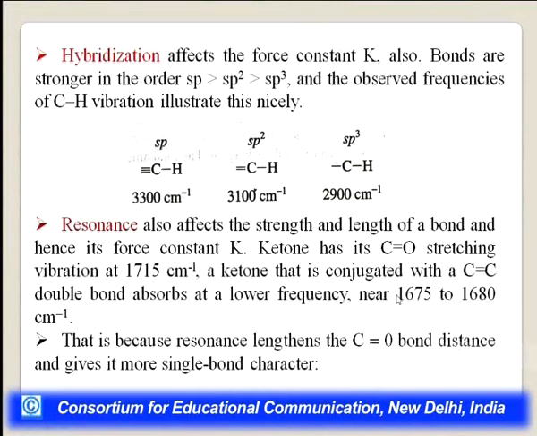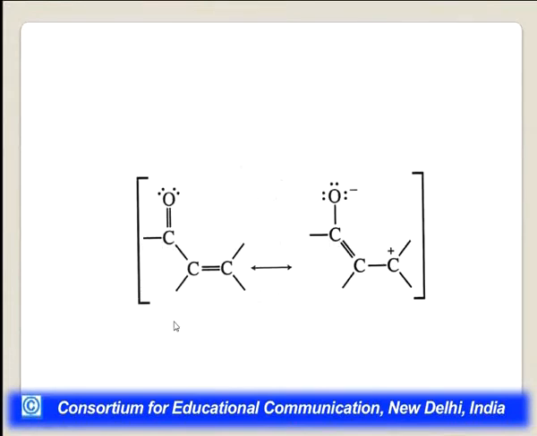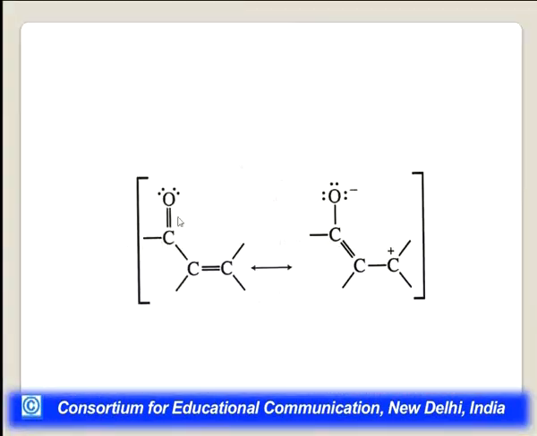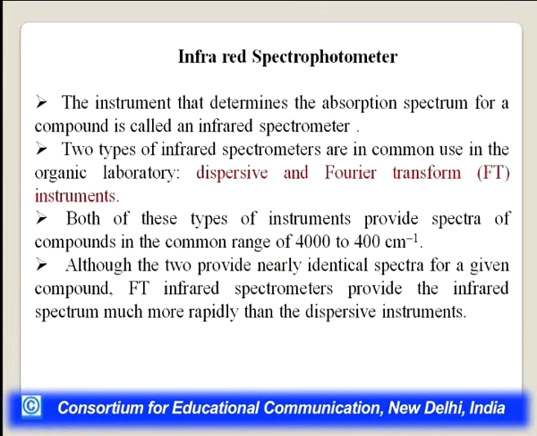So we can say conjugation lowers the frequency value. You can see over here what kind of conjugation: C double bond O, this is the carbonyl group, and this conjugation is increased by this carbon double bond carbon, and you can see this is another conjugated form. How the conjugation took place, it lowers the frequency value of that particular group, that is the carbonyl group.